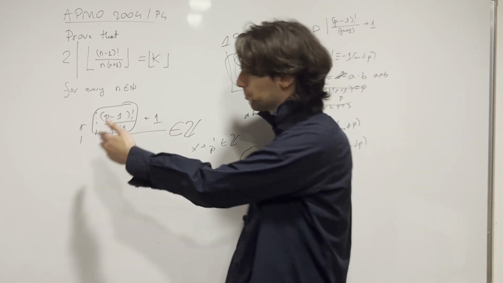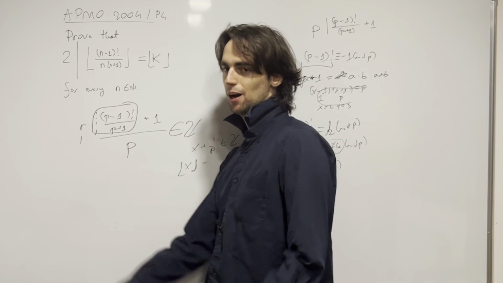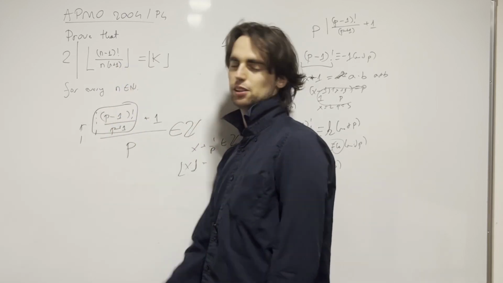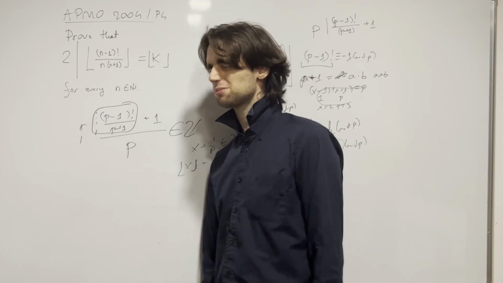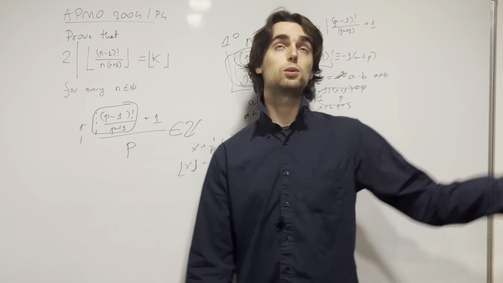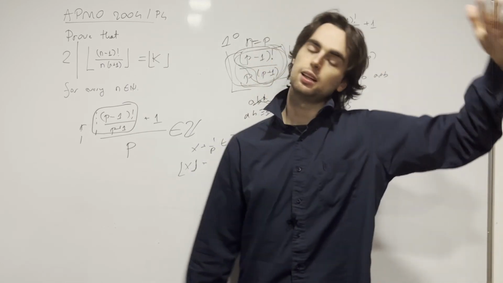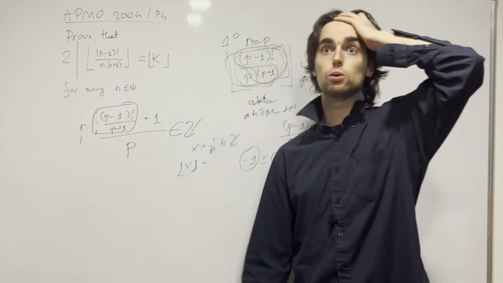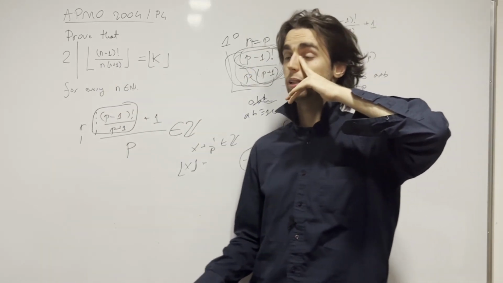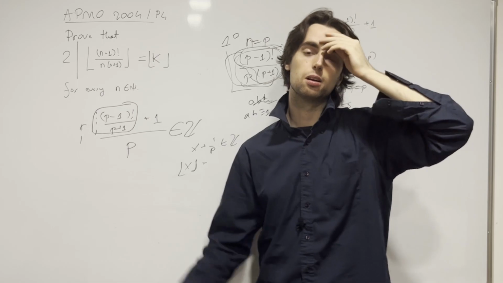Why? Because even if p plus 1 is a power of 2, I'll still have many powers of 2 in (p minus 1)!, much, much more. You can calculate this: if p plus 1 was 2 to the alpha, then (p plus 1) over 2 would be in here, and what would else be in here? (p plus 1) over 4 would be in here.